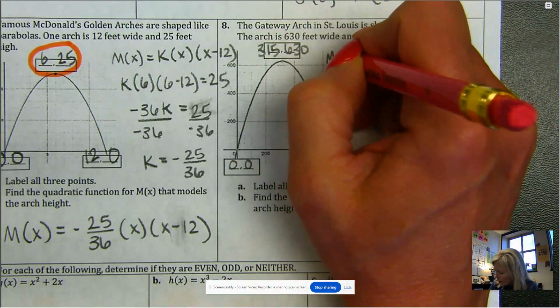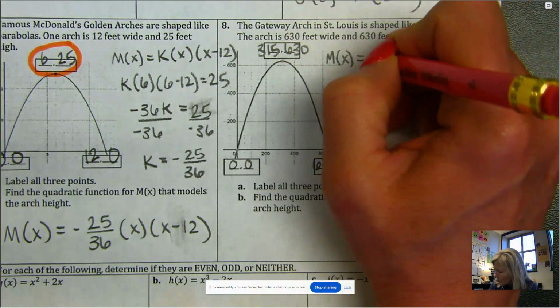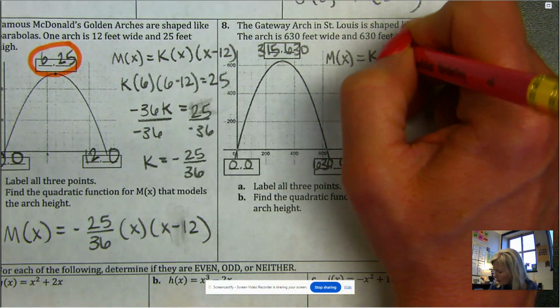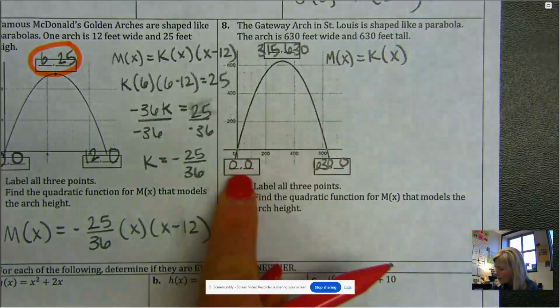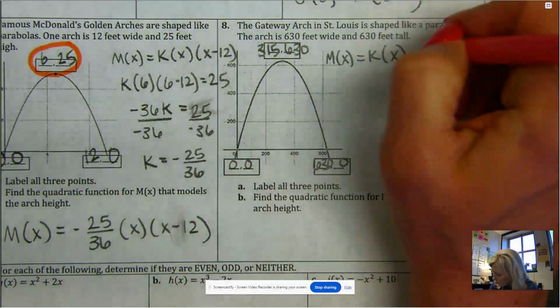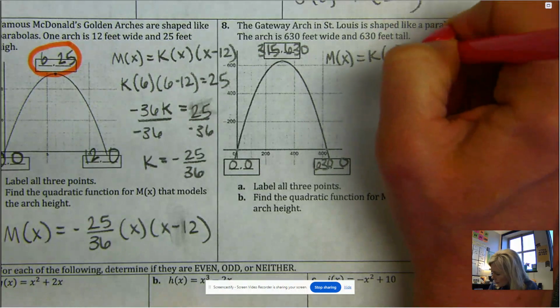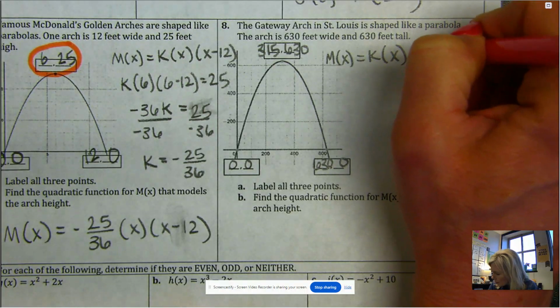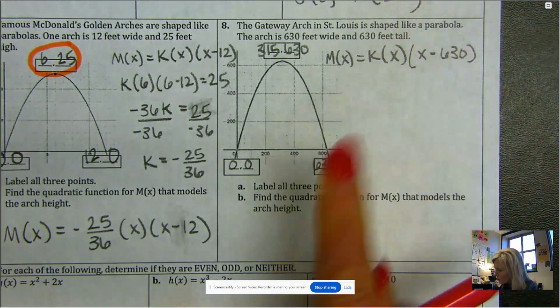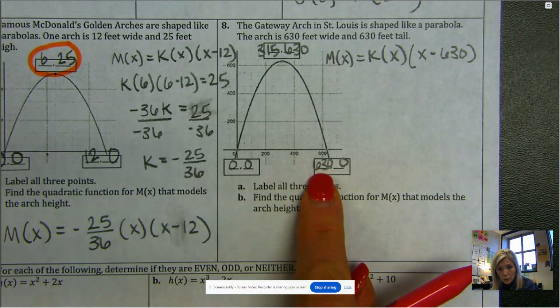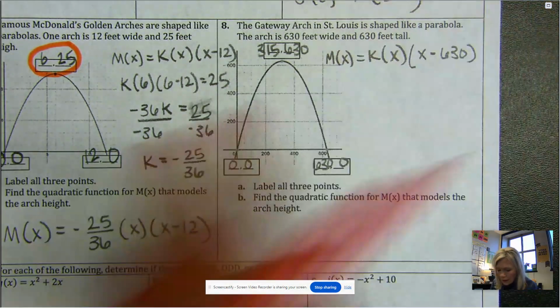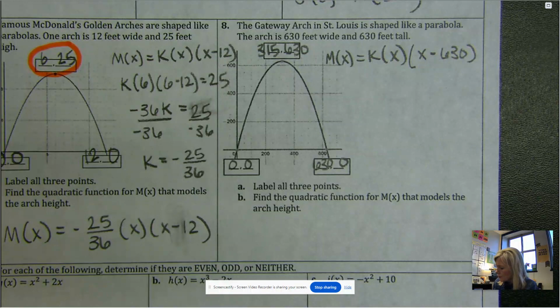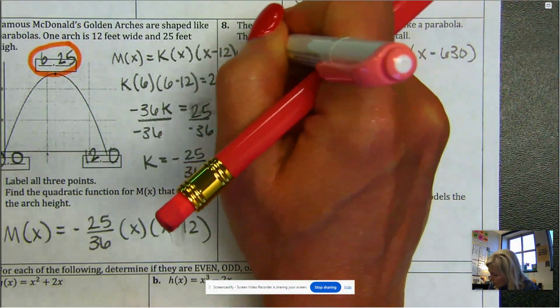So again, m of x equals k times x for this x-intercept at 0, times x minus 630 for this intercept at 630. Again, I want to use the coordinates of this point.